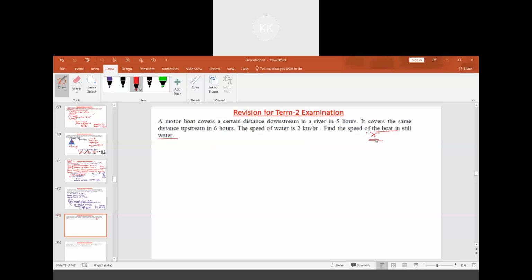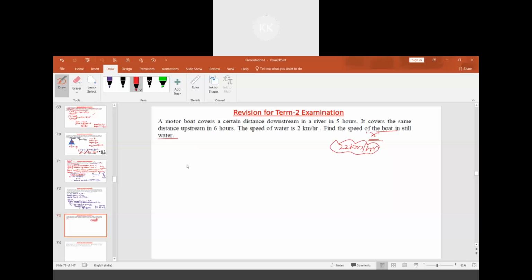They have not given the speed in upstream and the speed in downstream. Then 22 kilometers per hour, sir. Yes. How did you get this, sir?